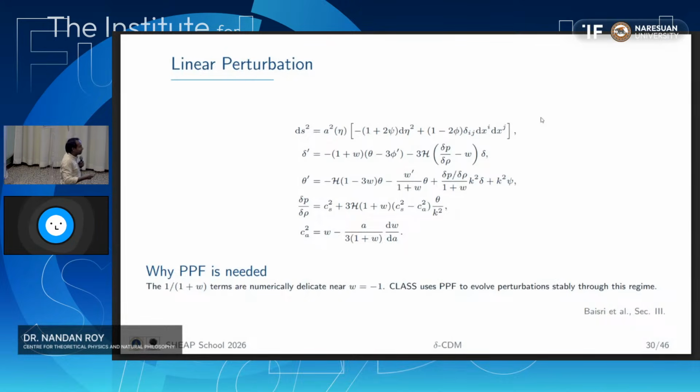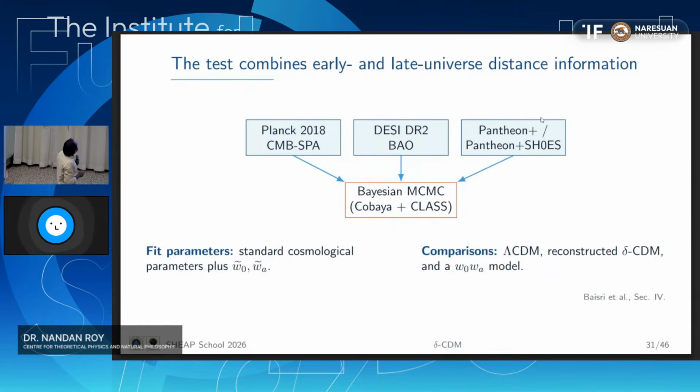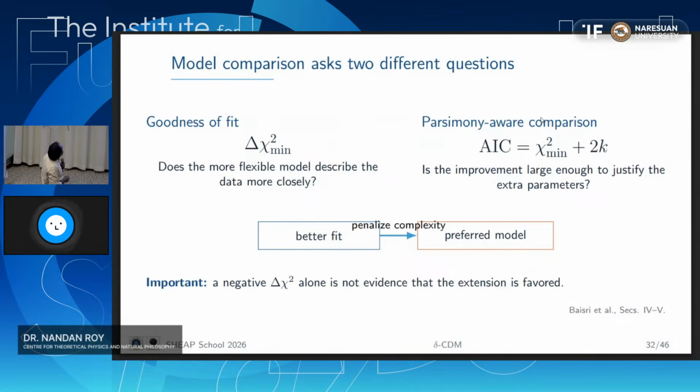We have to switch on this approximation, and then we use the Planck 2018 full CMB datasets and the supernova observations, and we try to compare this model. And comparing, for the students, means not only the chi-square, getting the minimum chi-square, but there are some other checks.